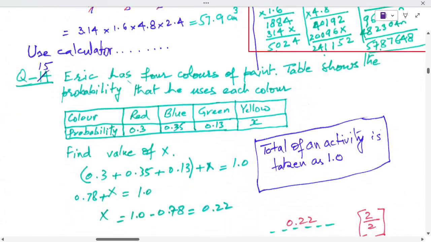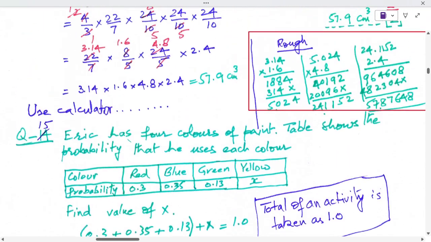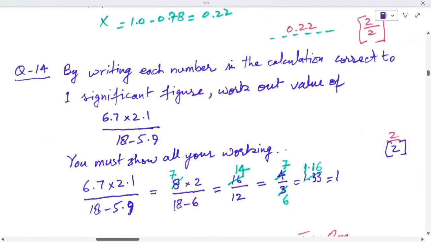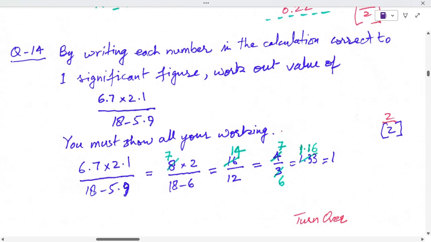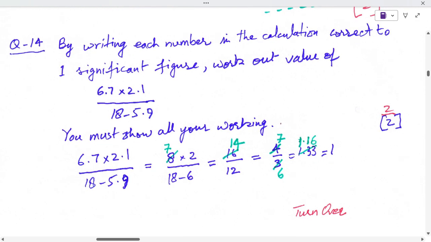Going on to question number 14, which is at the bottom of the page, and 15 in the middle of the page. I erroneously solved question 15 first and then question number 14, but I am going to explain question 14 first now.